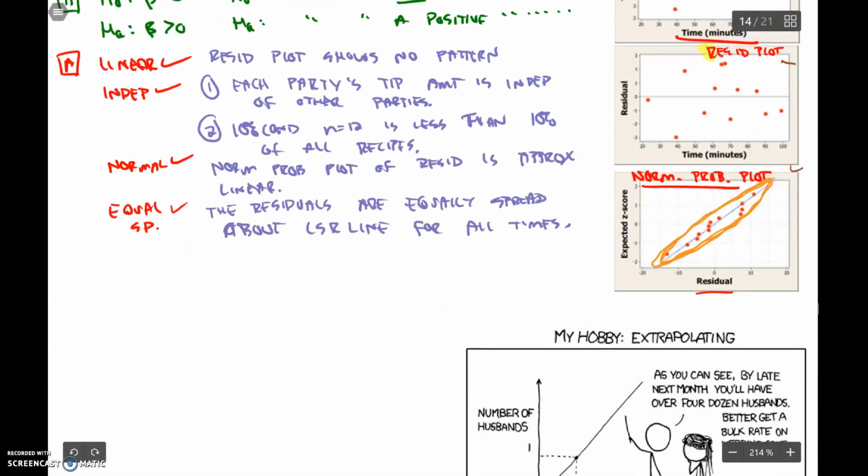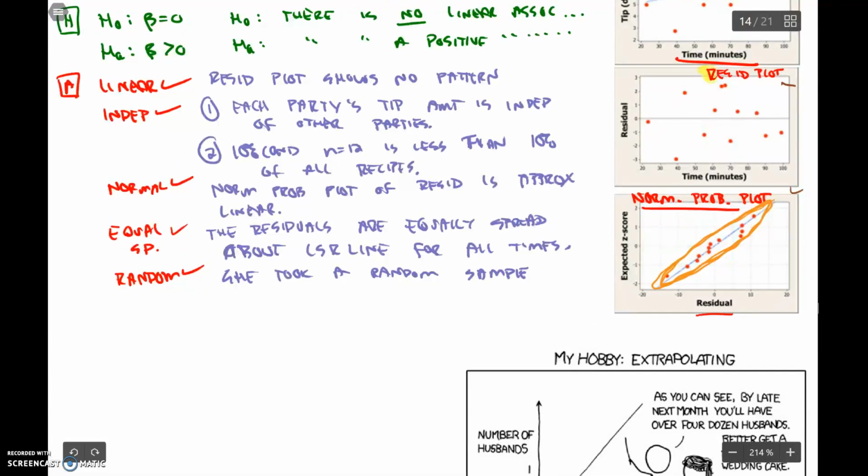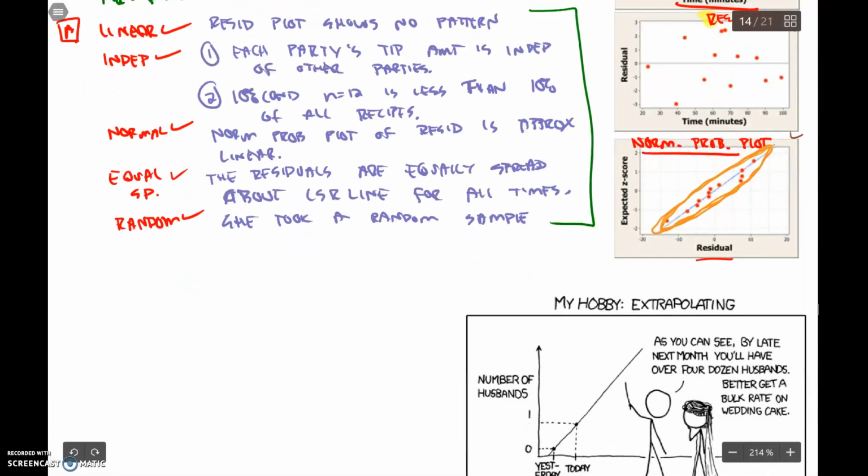And random: she took a random sample. Again, I'm assuming you were at our lectures, this is going to be one of the trickier portions on our upcoming test. All right, now we're home free.